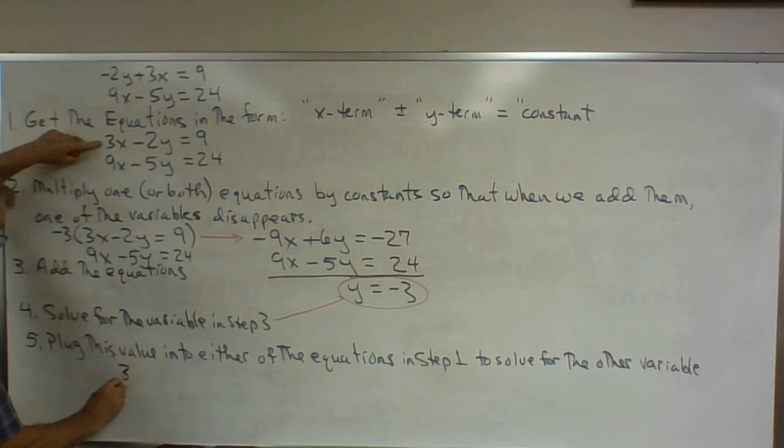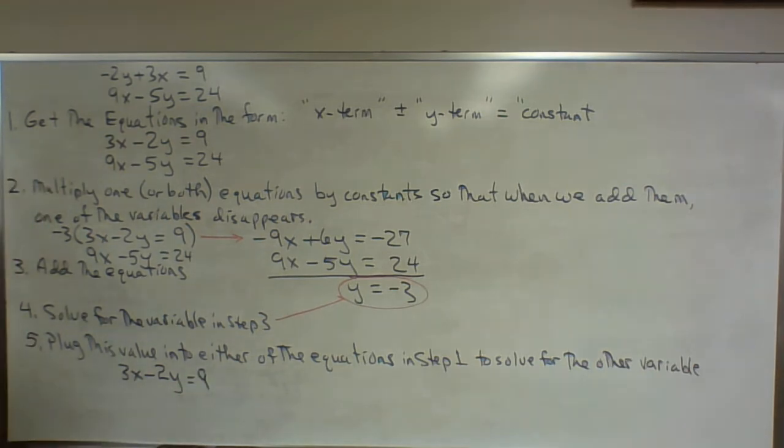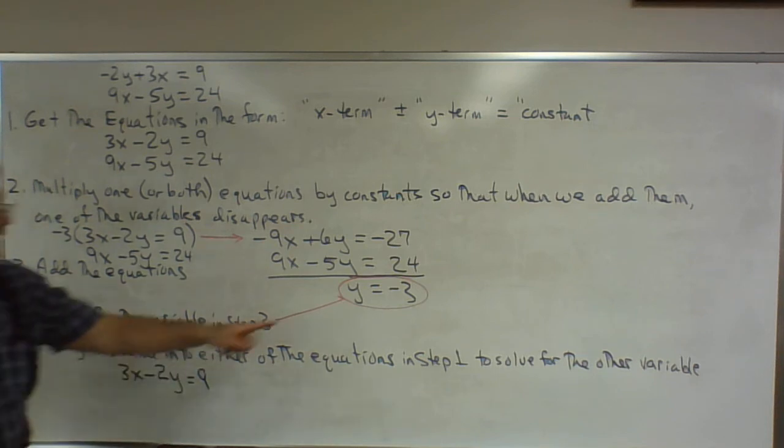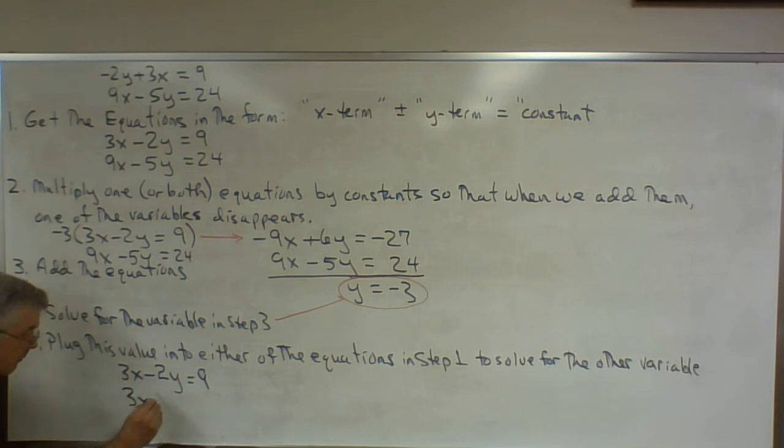3x minus 2y equals 9. Okay. And we're going to take negative 3 and put it in for y here. So that will give us 3x minus 2 times negative 3 equals 9.